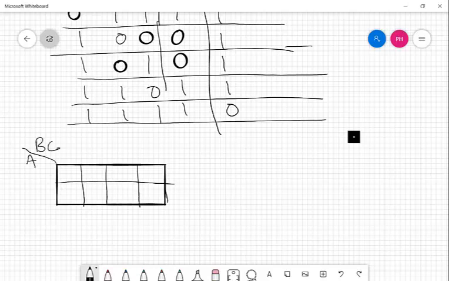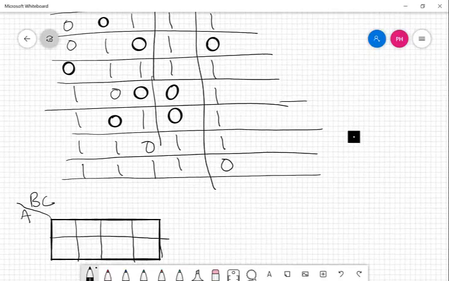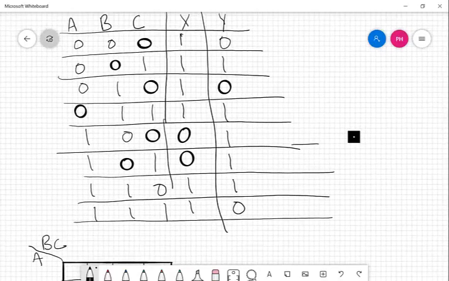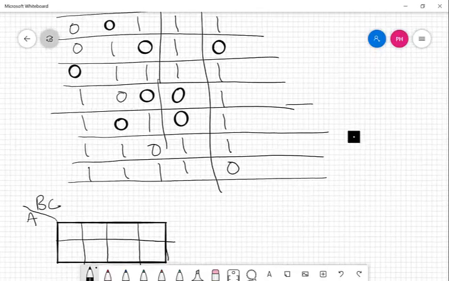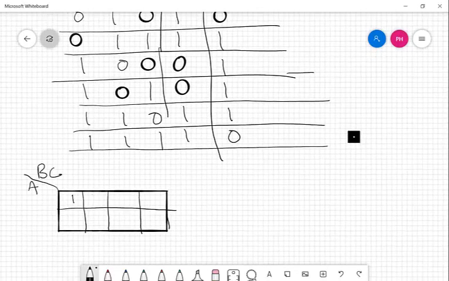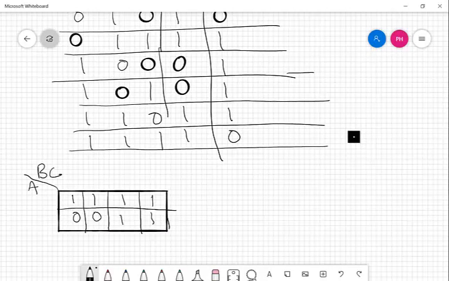A, B, C. So the output is 1, 1, 1, 1, 1, 1, 1, 1, and 0, 0, 1, 1. So this is the K map.